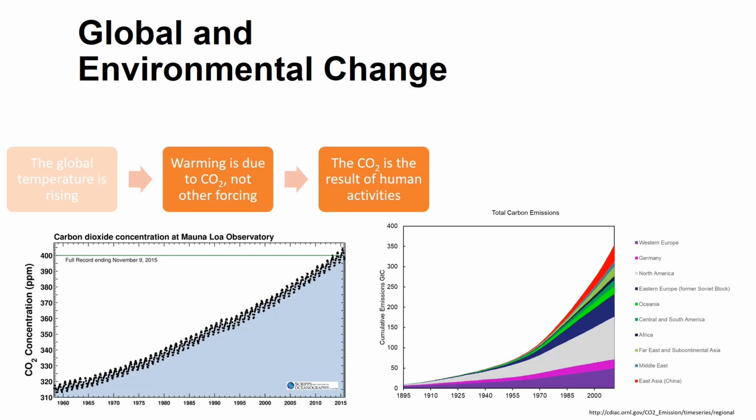So we know that the carbon dioxide concentration has gone up in the atmosphere, and we have put more than that into the atmosphere from our anthropogenic fossil fuel burning activities. Therefore, the rise in the atmosphere is almost certainly from the carbon that we have burnt.